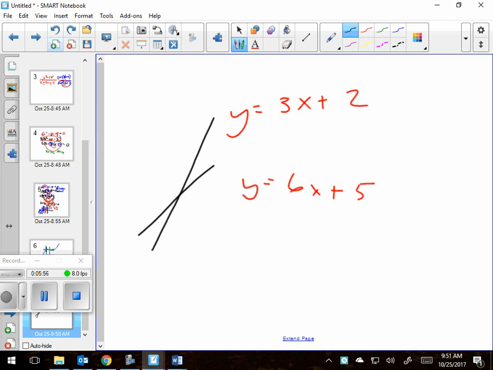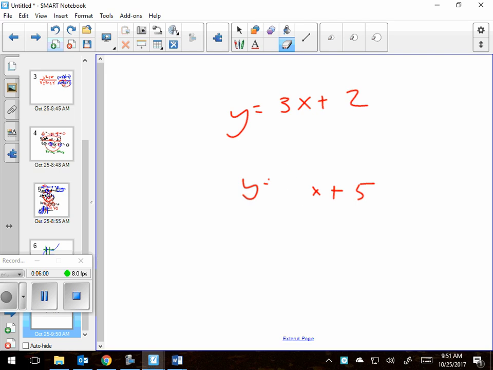All right. How about this? What if I made these equal? Now what can we say about those two lines? They are parallel. Okay. And do you remember what you're supposed to do to make this not parallel, but that other thing? What's it called? Perpendicular. Do you remember what you're supposed to do with the slope?